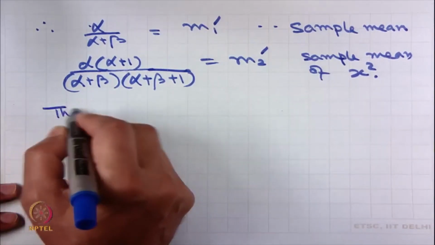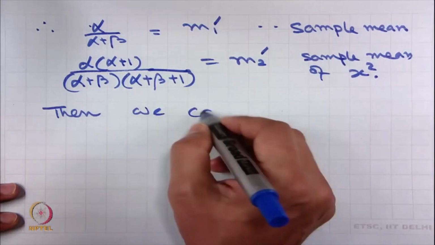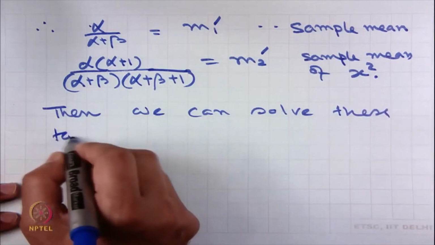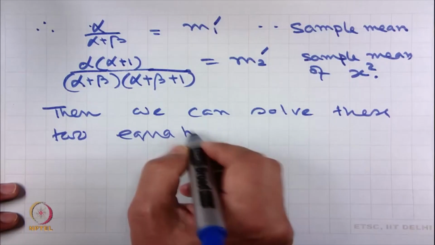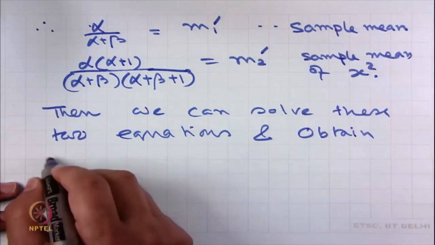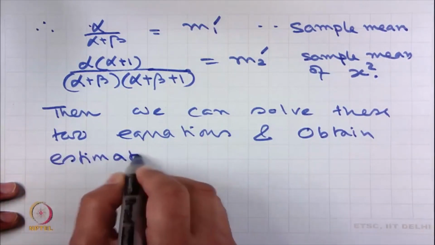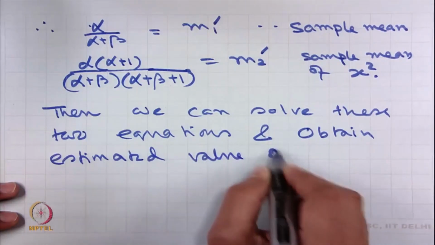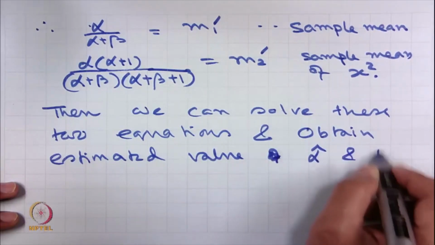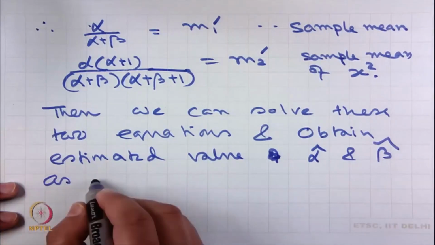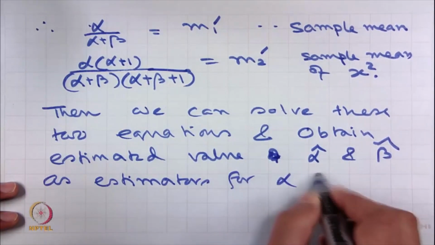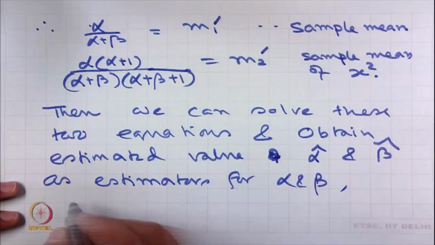Then we can solve these two equations and obtain the estimated values alpha hat and beta hat as estimators for alpha and beta respectively.